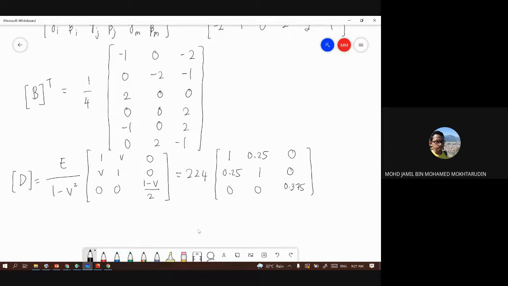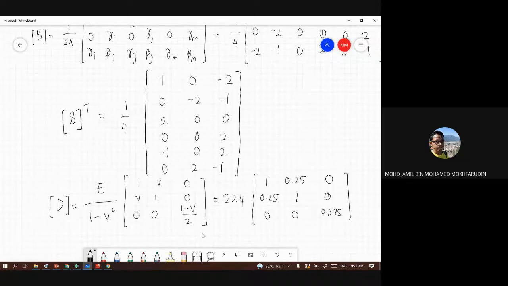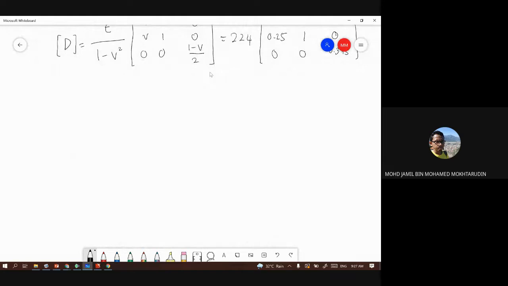Okay, so you have matrix D and matrix B. So to find K, just use this formula, okay? It is too big, so you can calculate using a calculator. So try to simplify. You will get a 6 by 6 matrix.